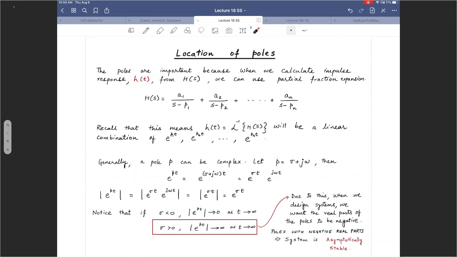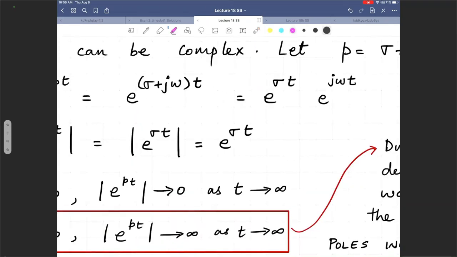And if you take the magnitude on both sides, the magnitude of e to the pt is actually simply e to the sigma t, because e to the j omega t doesn't contribute to the magnitude, it only contributes to the phase. Magnitude of e to the j omega t is 1. So e to the sigma t, focus on this.